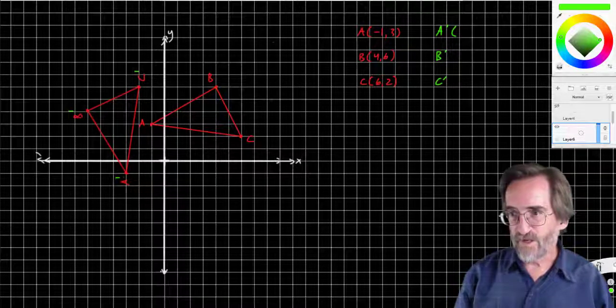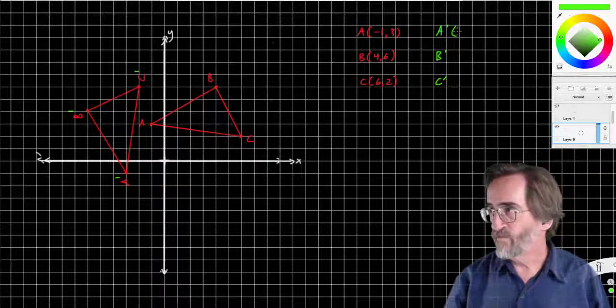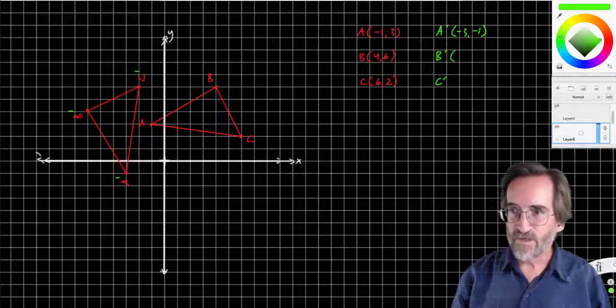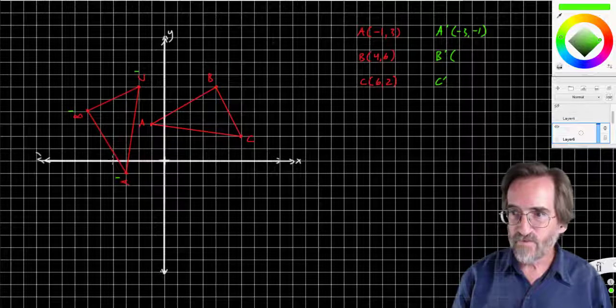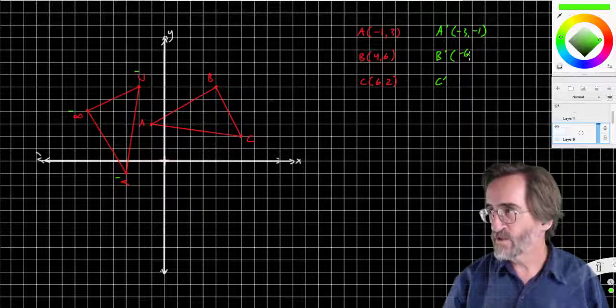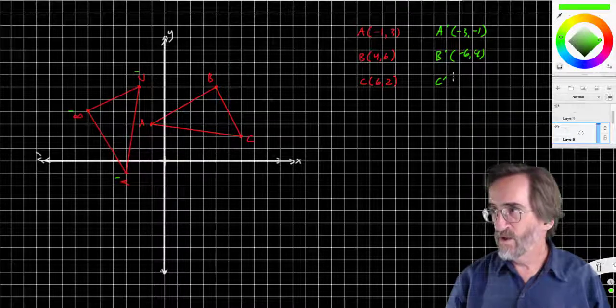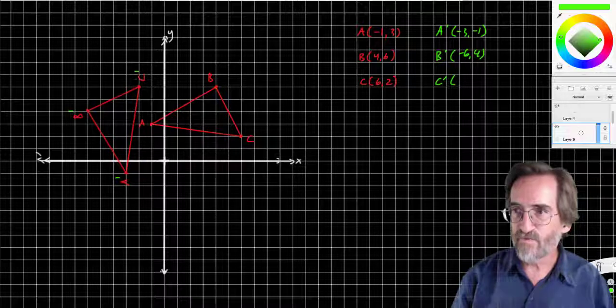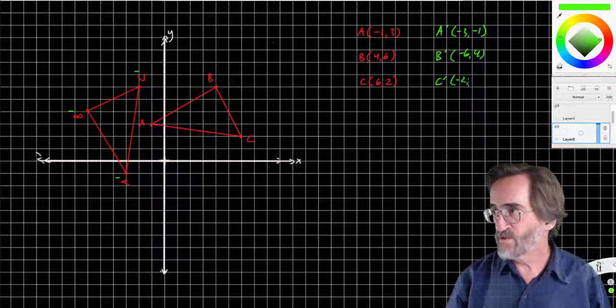A seems to be -3, -1. B seems to be -6, 4. C seems to be -2, 6.